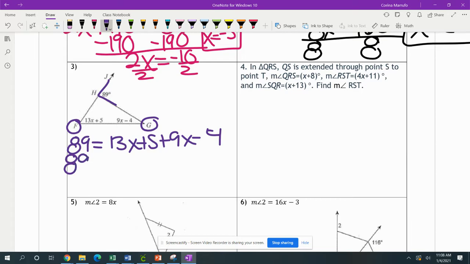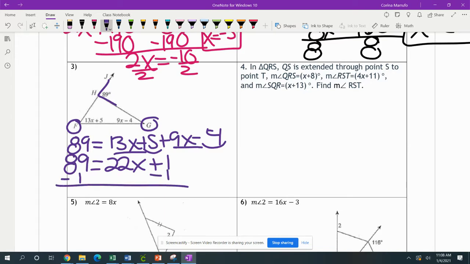We combine our like terms: 13x and 9x gives us 22x, and plus 5 and minus 4 gives us plus 1. We subtract 1 on both sides. 89 minus 1 gives us 88 equals 22x, and then we divide both sides by 22. That gives us 4 equals x, and that's it.